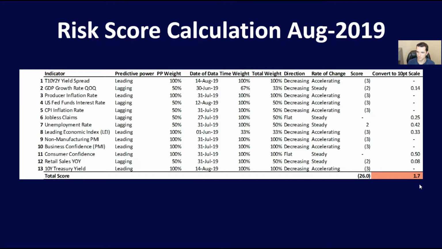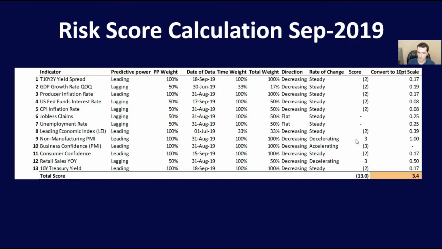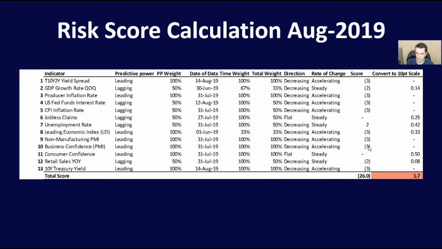The major difference between these two scores really is a very vast improvement in retail sales and the non-manufacturing PMI. They both stick out notably. I'm just going to flip back here to September. You can see non-manufacturing PMI is +3, retail sales year over year is +3, where in August it was -3 and then -2.